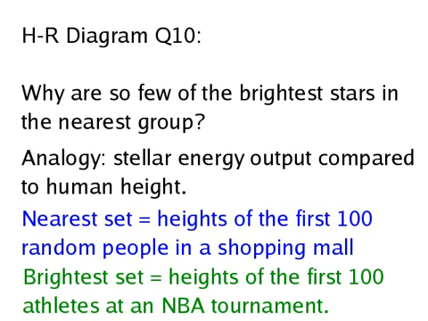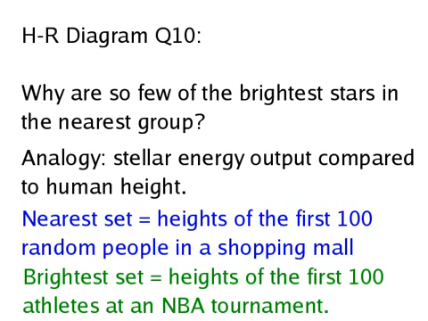So basically there are tons of dim flashlight stars, or tons of little pudgy people, or little thin people. But the really tall ones, the 7-footers and above, are really rare.